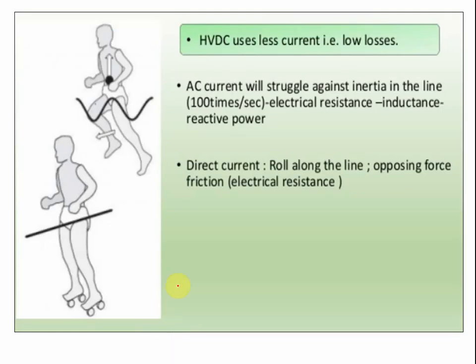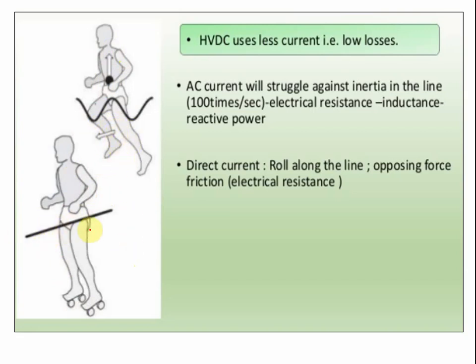Now suppose you go deeper and try to understand what basically the DC system and the AC system are. Here I try to explain it with two persons. One is using skates and tries to glide. Another person actually runs with the help of his body and legs.